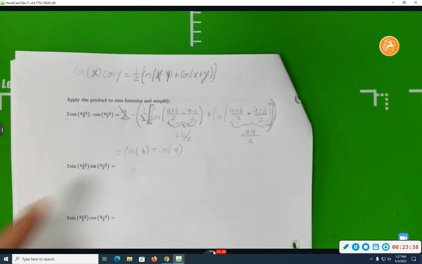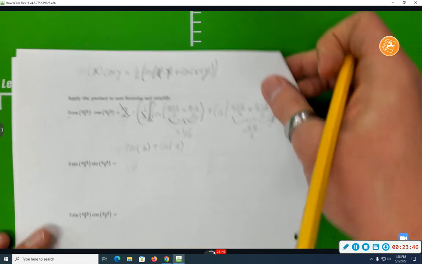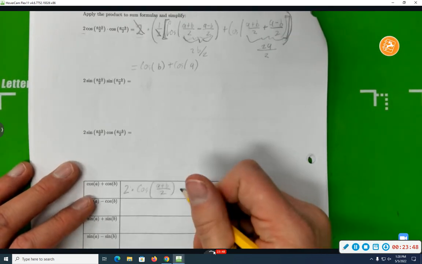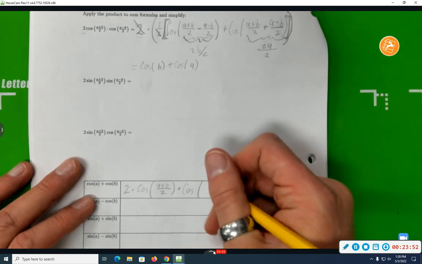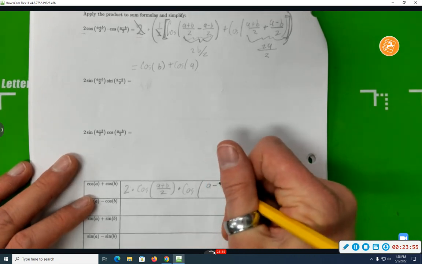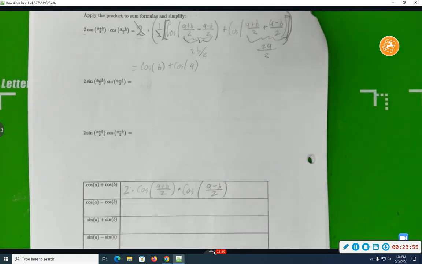Cosine a plus cosine b is 2 times cosine of the average, times the cosine of the difference over 2. Bangarang. People feeling pretty good?